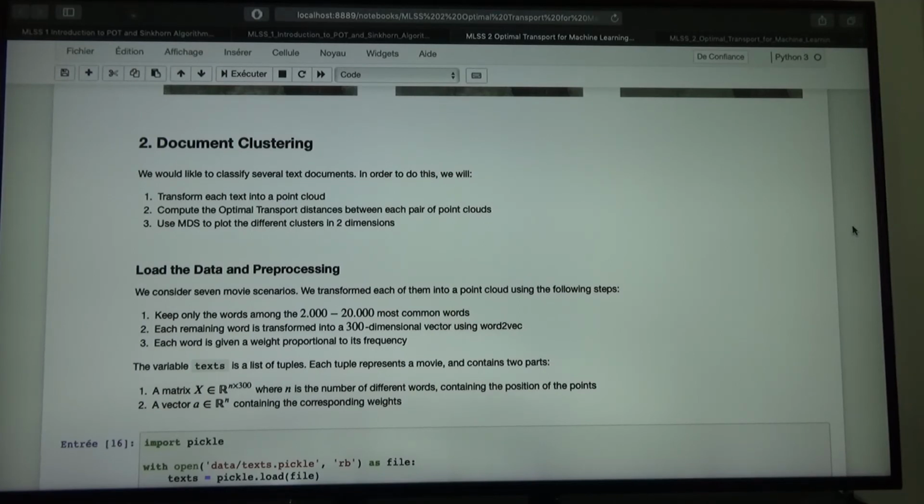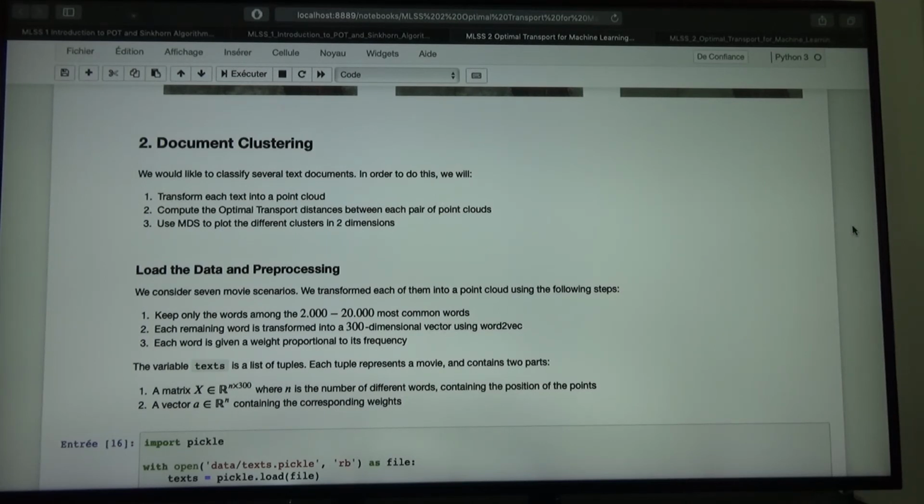Yeah, but we have to have some notion of cost matrix, right? We have to define what is the distance between one point and another point. But our points here are words, so we have to find some good notion of distance between words. In machine learning, what people usually do is some kind of embedding.